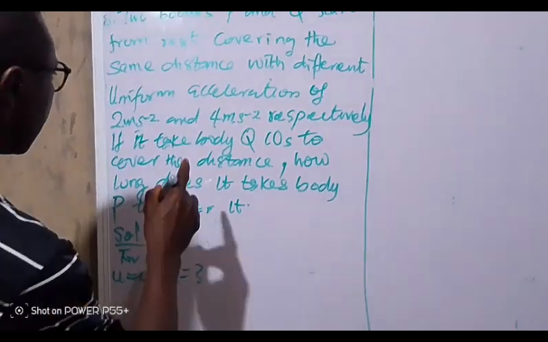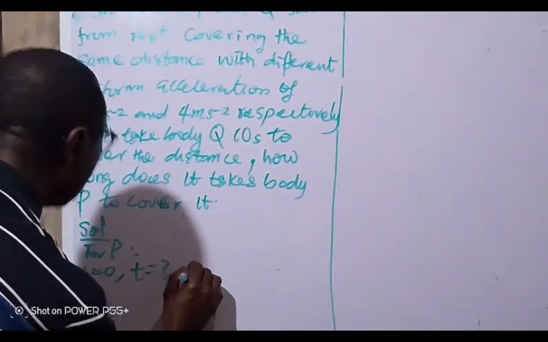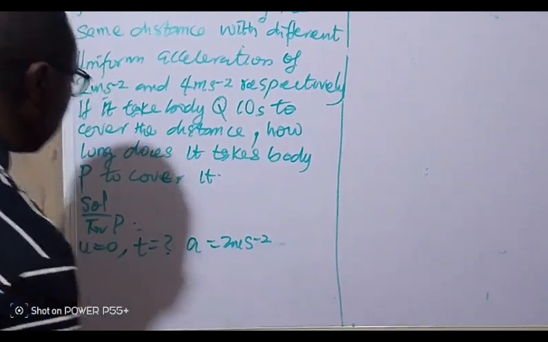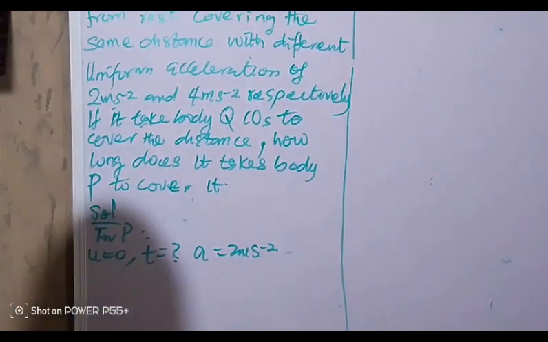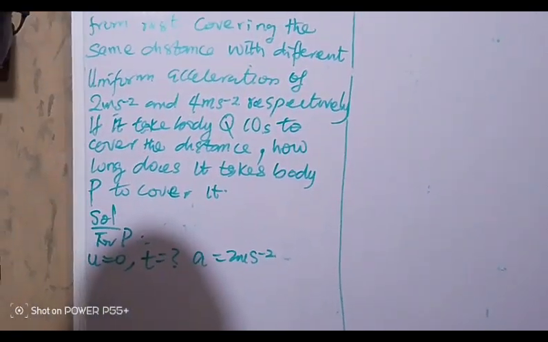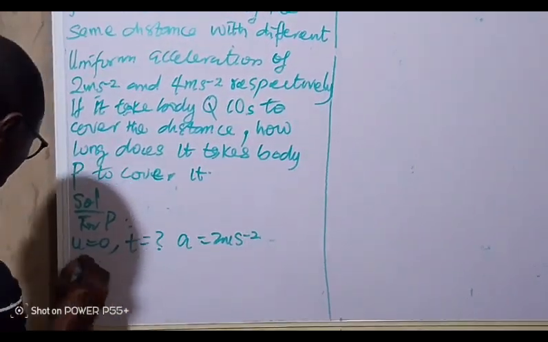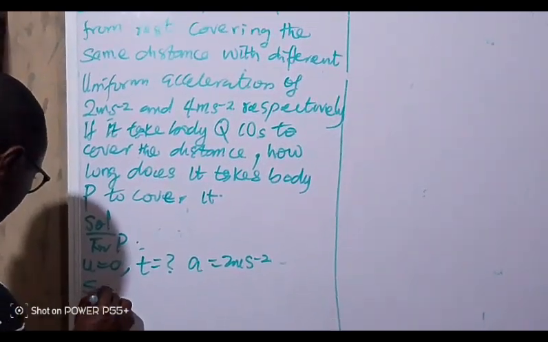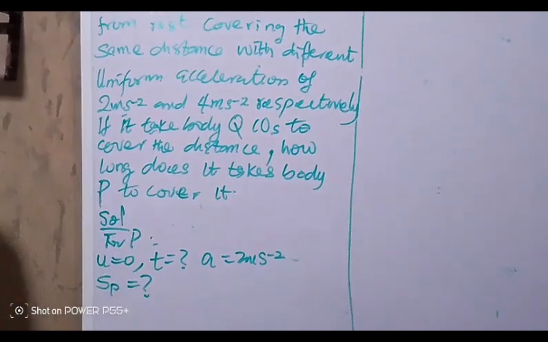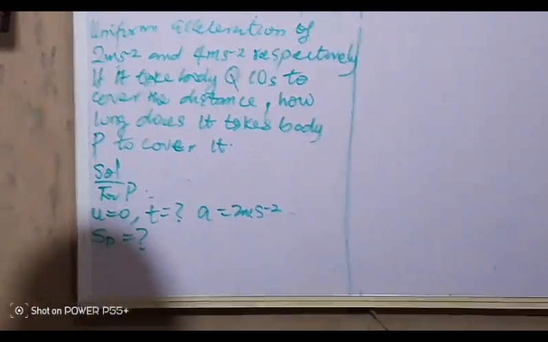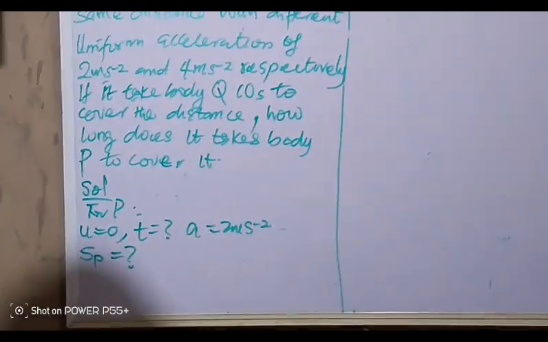Then A is known, 2 meters per second square. Since they cover the same distance, SP will be equal to unknown. Let's assume with no T. So we put the T inside the equation.